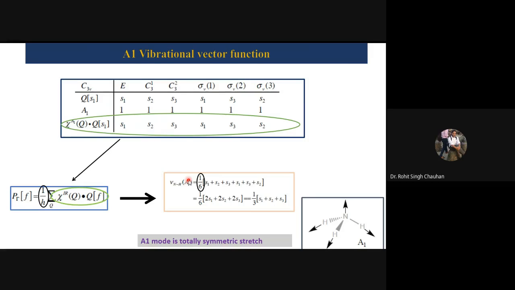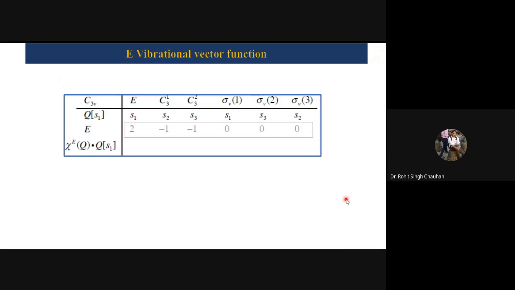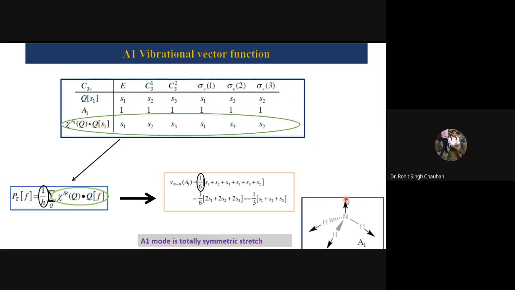Now this is a stretching mode. The H atoms are moving out, and to counter this movement, nitrogen will move in the opposite direction. So it is totally symmetric. Now the same thing we will do for the E vibration.